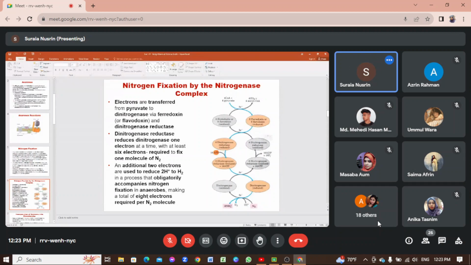We learned that. So at the same time 2 protons are reduced to hydrogen. Altogether we get ammonium ion and also hydrogen as the result of nitrogen fixation. In total, 8 electrons are utilized to fix one molecule of nitrogen. Is it clear?